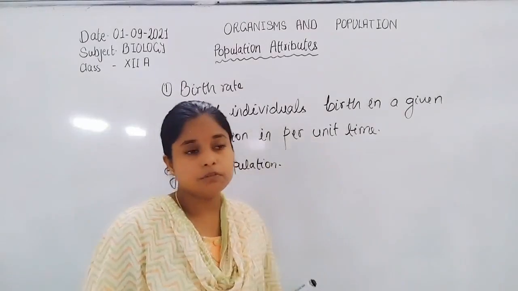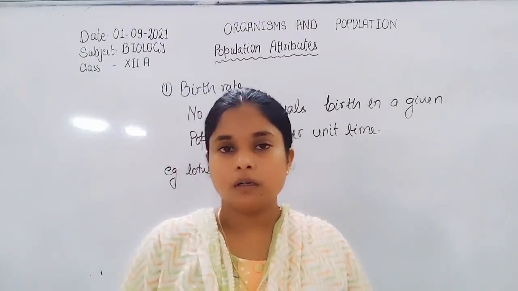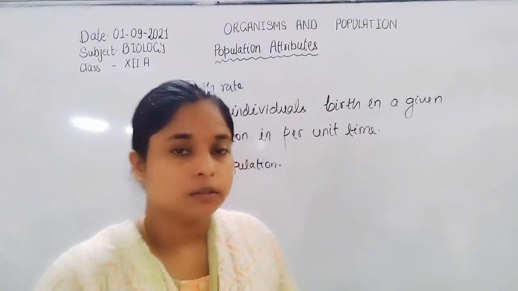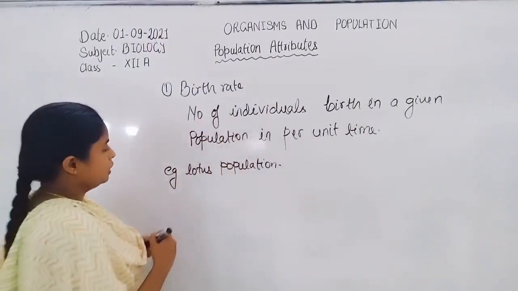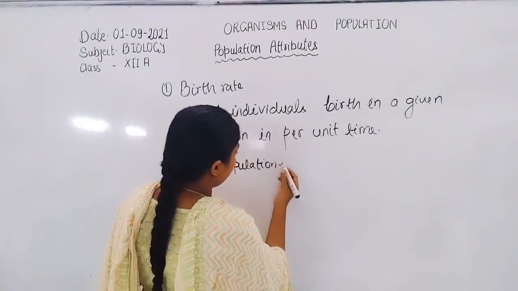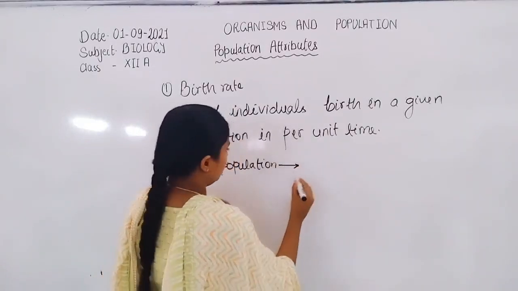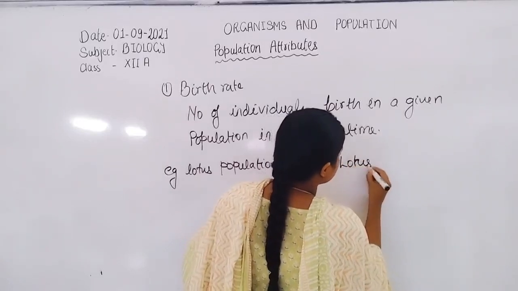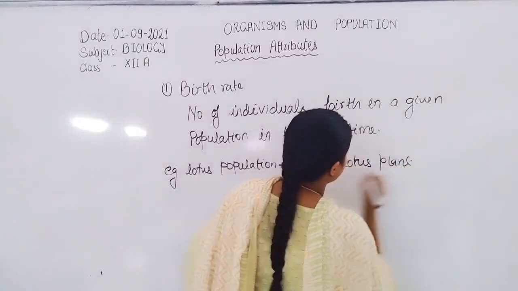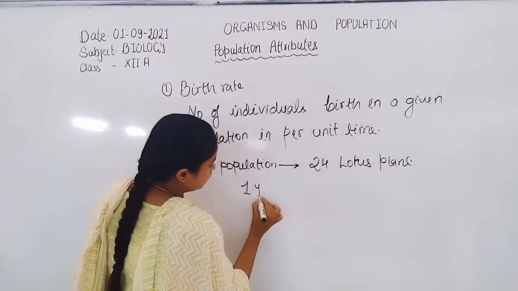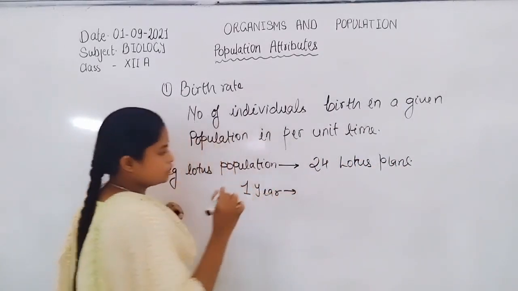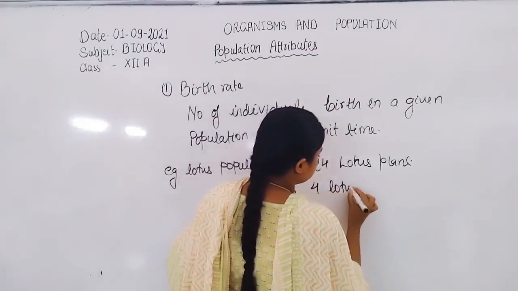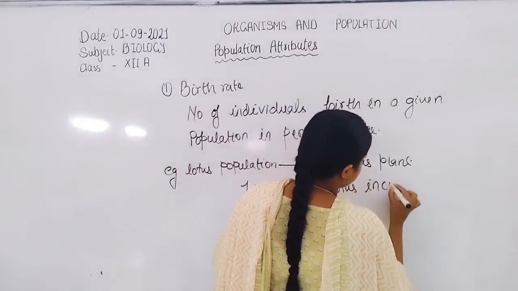How many individuals are born, that is, how many lotus plants are born per year? Within a year, in the present population, the number of individuals is 24 lotus plants. In 1 year, 4 lotus plants are added, an increase of 4.